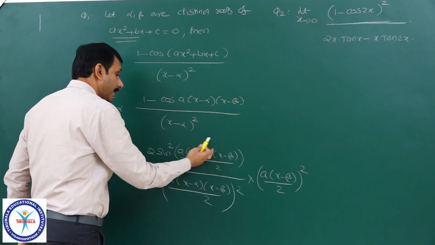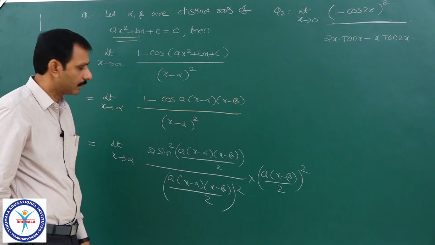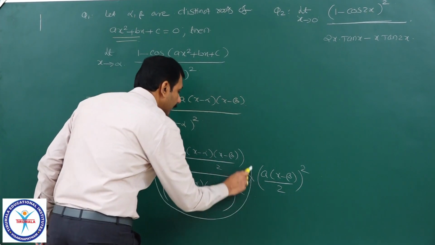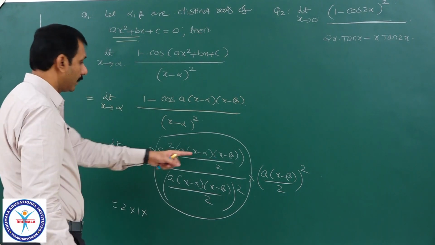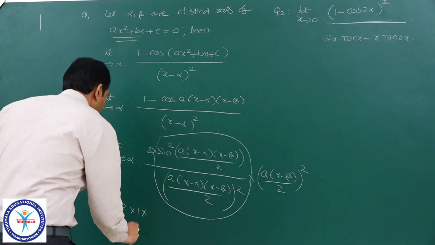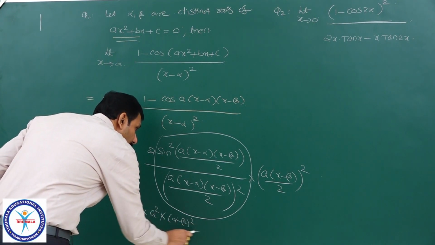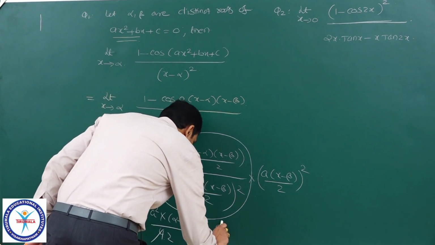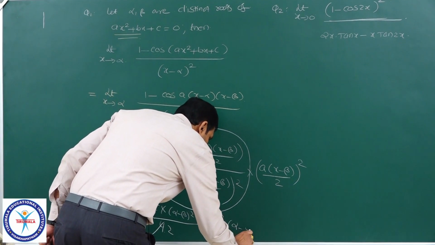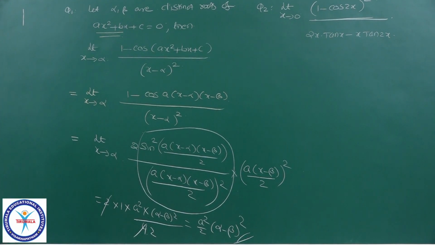Therefore, it is of the form sin square theta by theta square. This value is 1 only. It is equal to 2 into 1 into limit x tends to alpha, a square into alpha minus beta whole square by 4. 1 and 2 cancel, so a square by 2 into alpha minus beta whole square will be the answer.